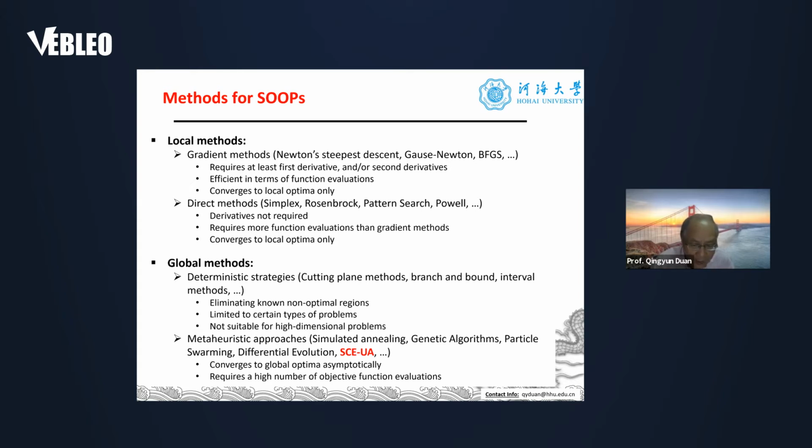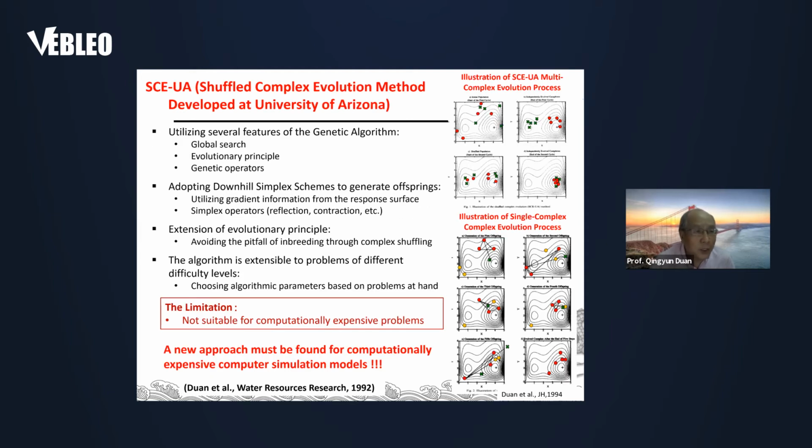I also highlight a method I'm going to talk about a little more, the method I developed many years ago. It's called the SCE-UA method. Those methods converge to the global optimum asymptotically, but there is a but: they require a high number of objective function evaluations. So it's not efficient.